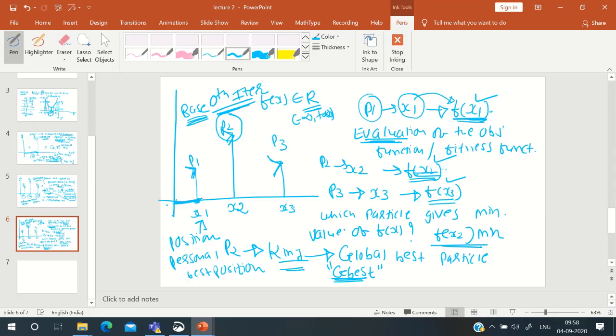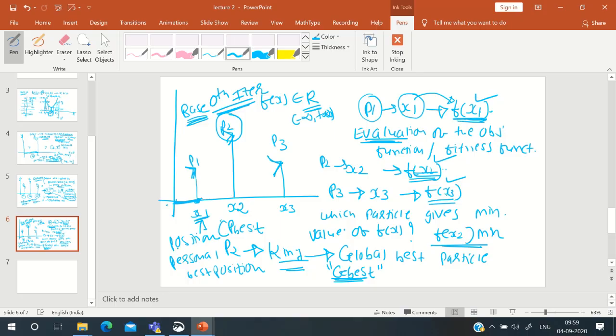So in the zeroth iteration, this x value is known as the personal best position, and it is written as p best. Position means x value.